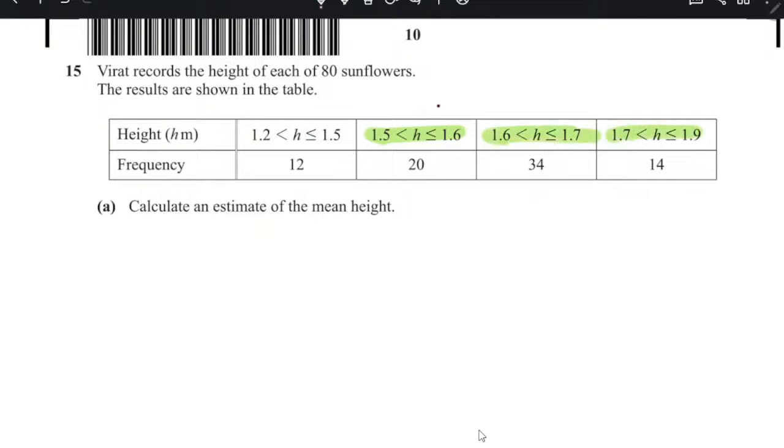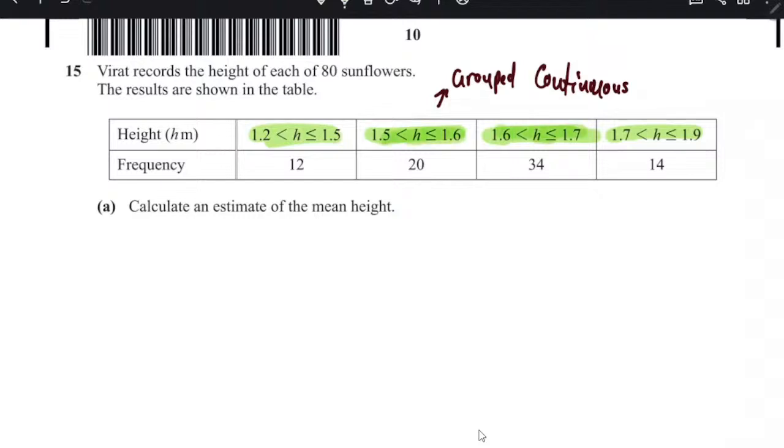This is the third type of data. It's grouped because it's in a table. And it's continuous data. Continuous data means it's not nice values. This is not like 10, then 11. No. Here it's between 1.2 and 1.5. Between 1.5 and 1.6.